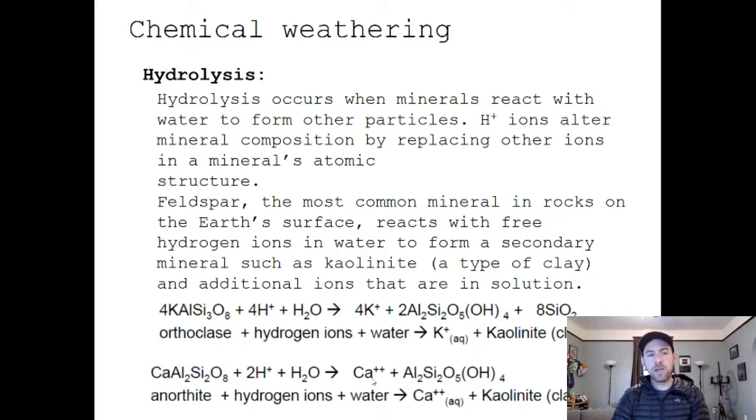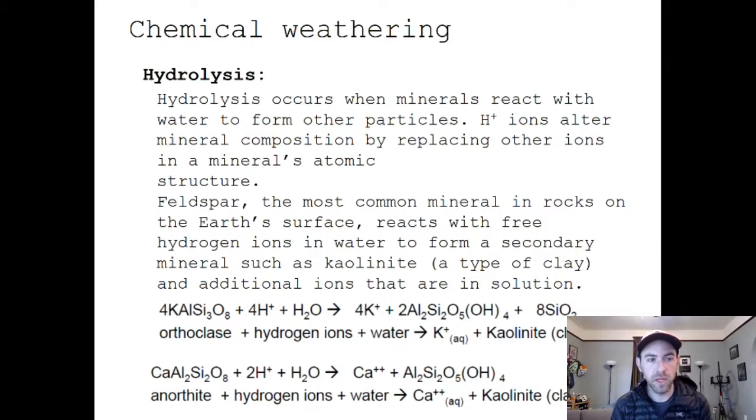The next type of chemical weathering reaction we can talk about is hydrolysis. This is what happens when minerals react with water to form other minerals, right? So rather than being dissolved entirely, the mineral can react with the hydronium ions in the water to alter the mineral compositions.